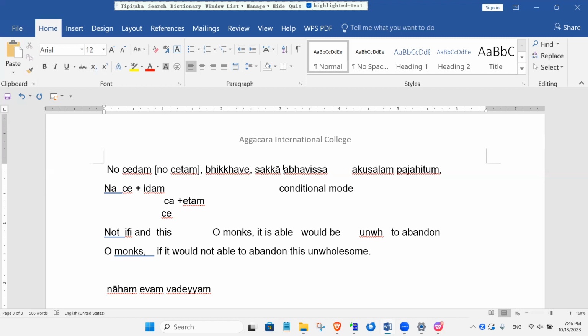Conditional mode means potential—not potential, conditional, the "if", "sache". Not this one, another one. I can't remember which page. Anyway, so "cha idam", page 89. Okay, page 89.